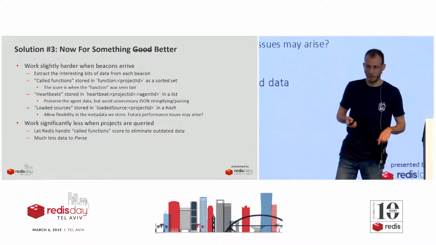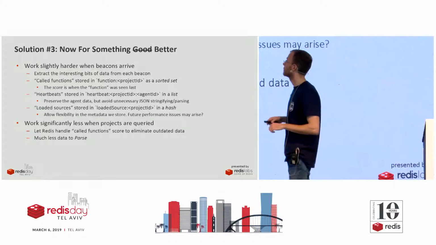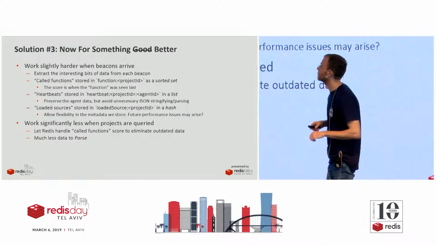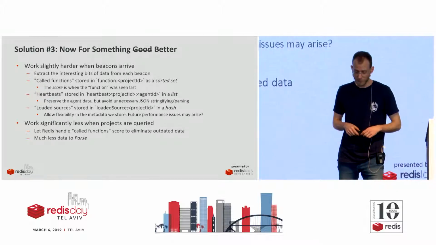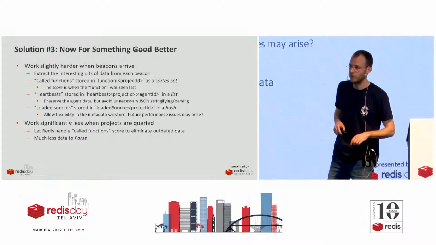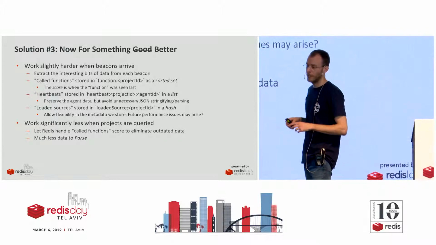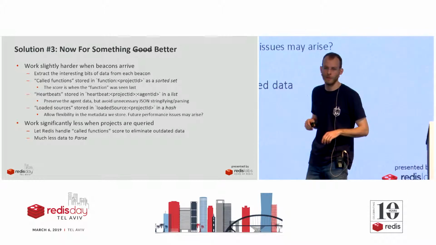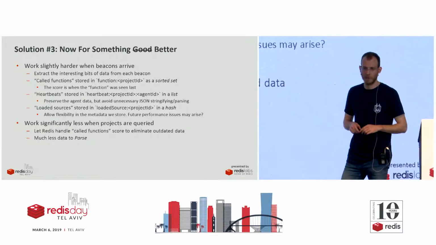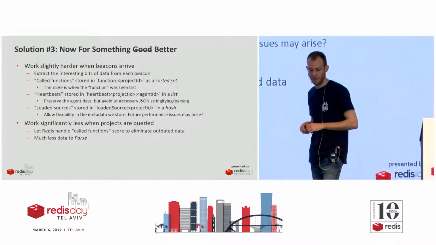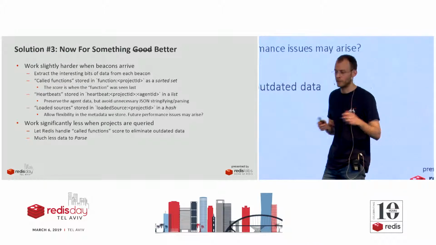So it was time to find a better solution, which meant working a little bit harder whenever beacons arrive. We could now do that because, running for a few weeks or months, we had some idea what data we're interested in. So we knew how to extract from the beacons the bits of data that make sense for us and give value to our users.